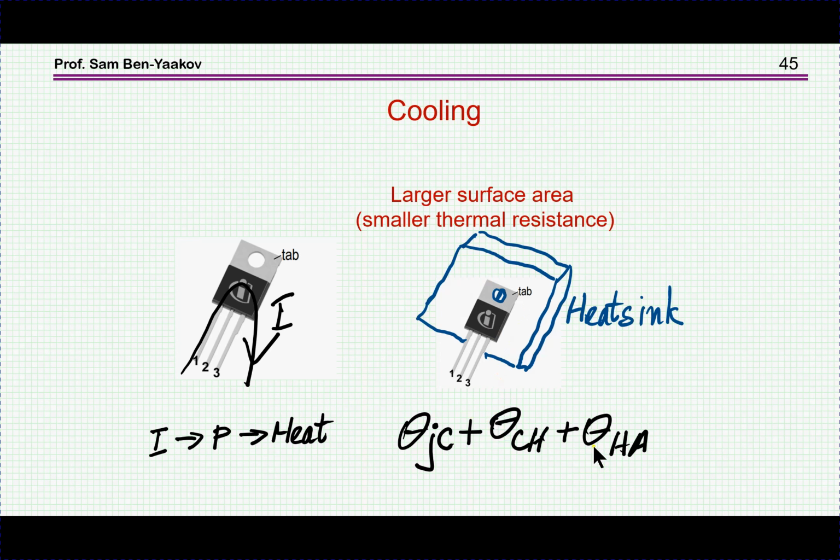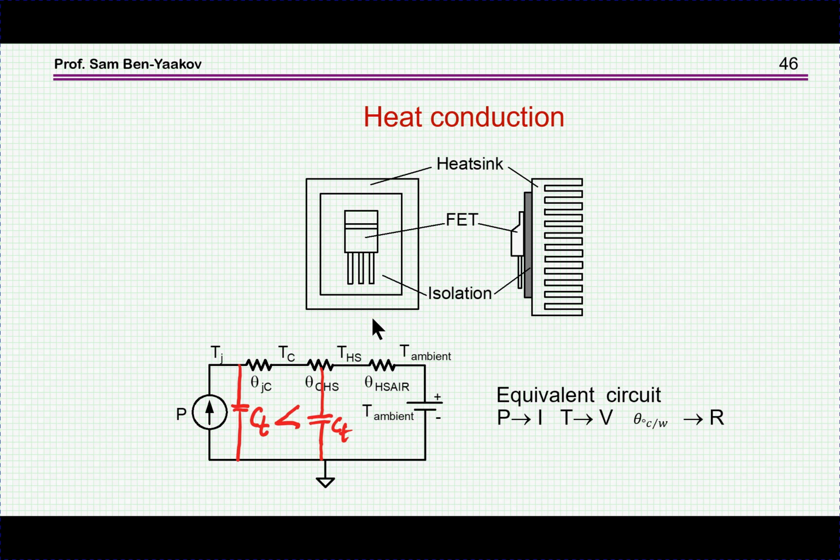And then we have the thermal resistance between the surface of this simple heatsink and the air or the ambient. Of course, in order to improve the heat removal, we'd like to put in a better heatsink, one with fins, which considerably increases the surface area and therefore reduces the thermal resistance between the heatsink and the ambient.